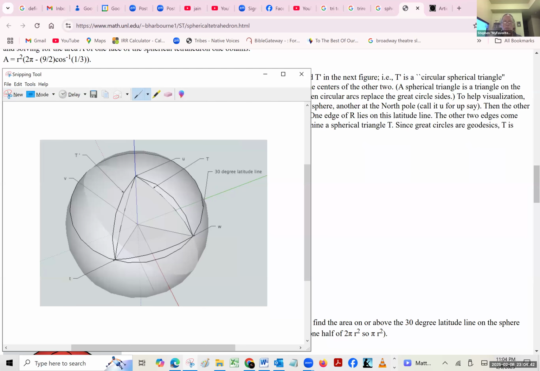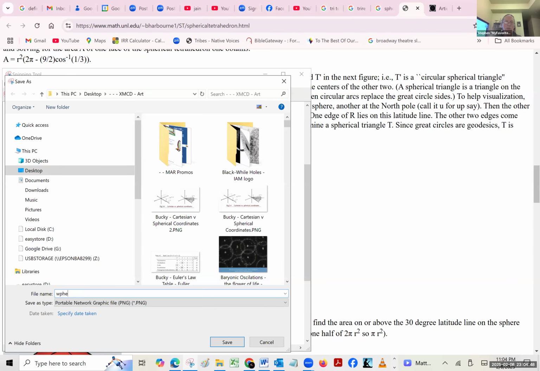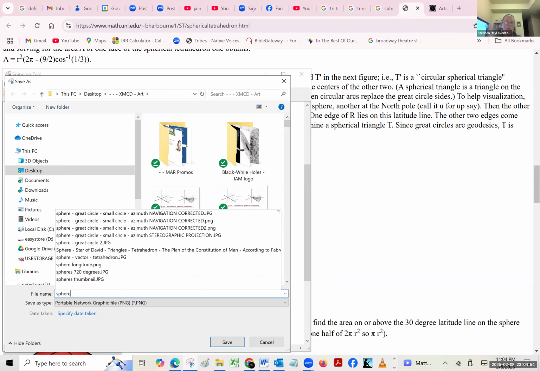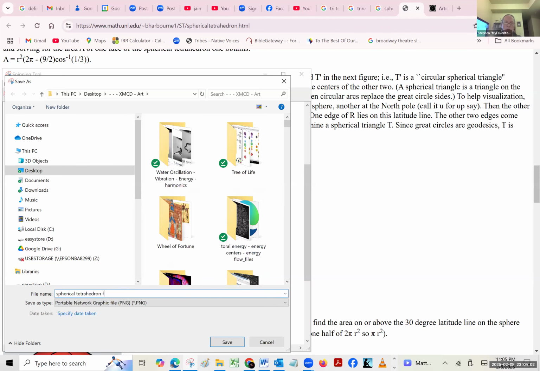And this, I'm going to go. Gosh, I was anxious. I am sorry to capture. I can do these after we leave, or you can, if you're interested, I'll save them all right now. And I'll do my takeaway, and that way you can leave. Spherical tetrahedron from a sphere. And then I'll save this.